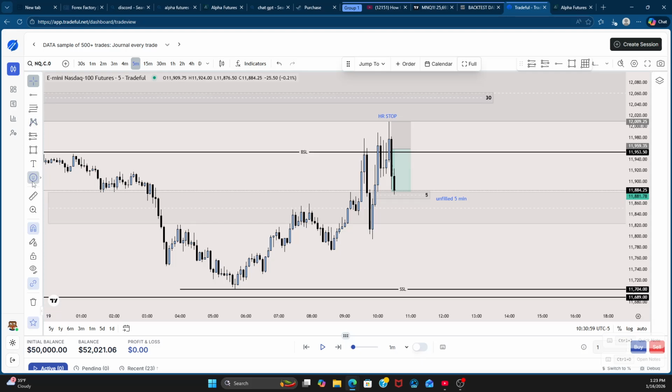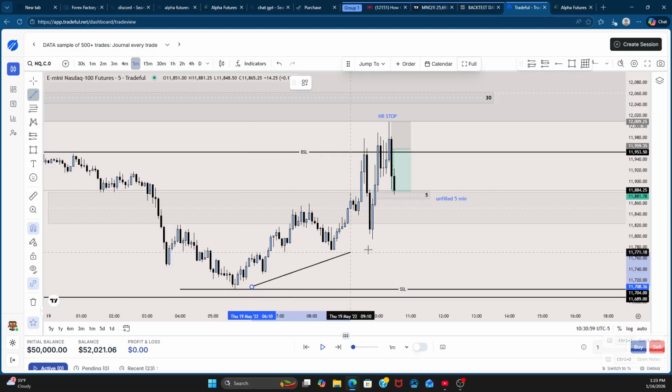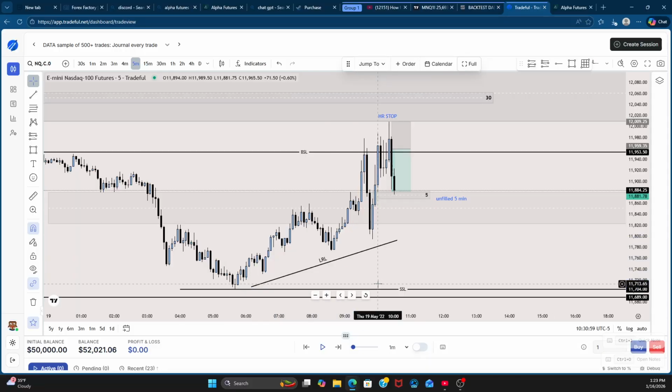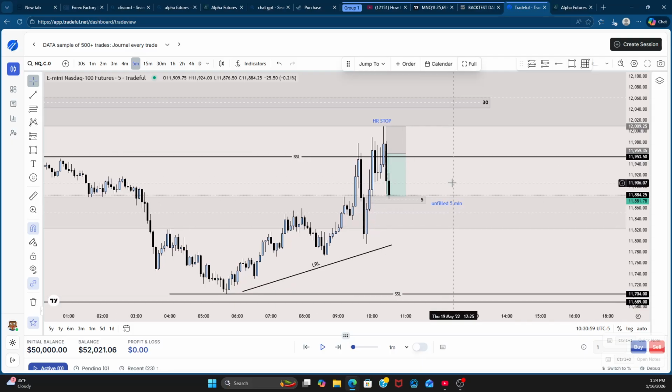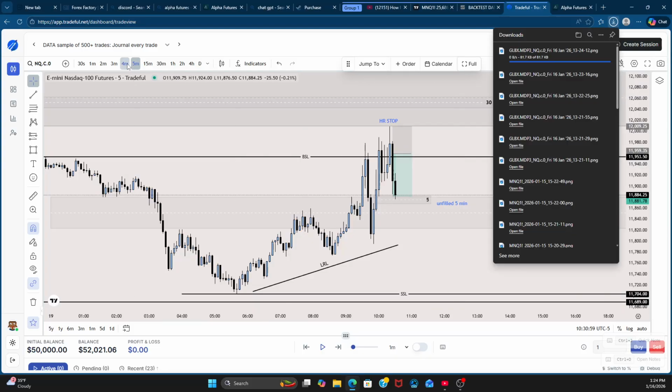Obviously we didn't go for it, but I'll say low resistance liquidity resting here, some low resistance resting all the way between here, high resistance stop loss, unfilled 5 minute, and this we would have gone break even here and then targeted down lower, but I'll take a picture, download image.